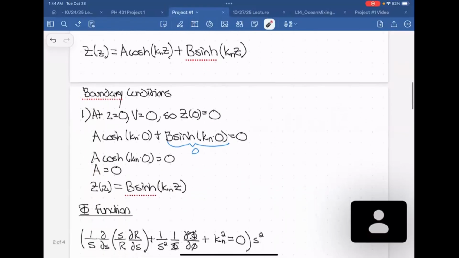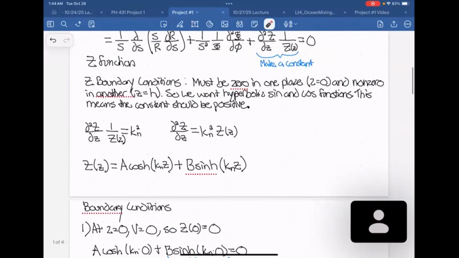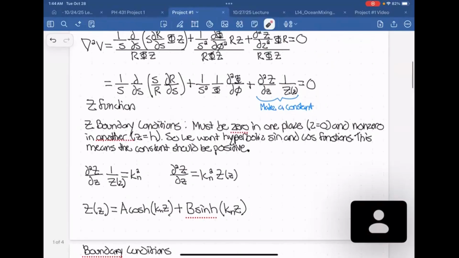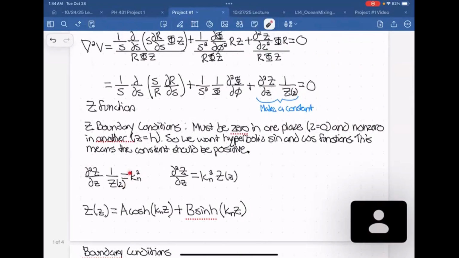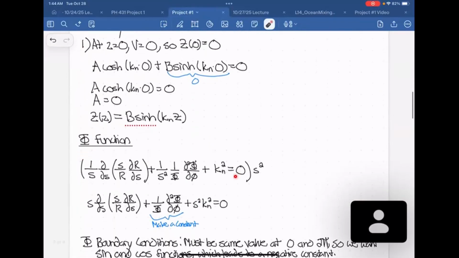The next thing we're going to do is look at the phi function. So we've taken this equation up here, we've put this in for this, and we're left with this. Then we're going to multiply the whole thing by s squared.